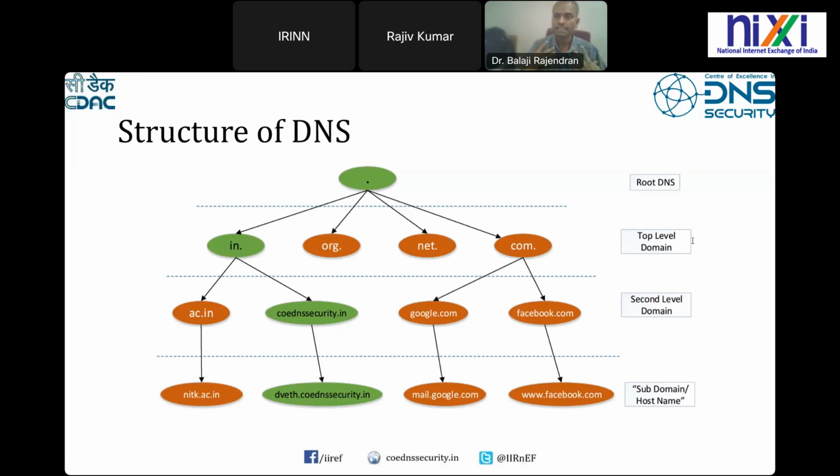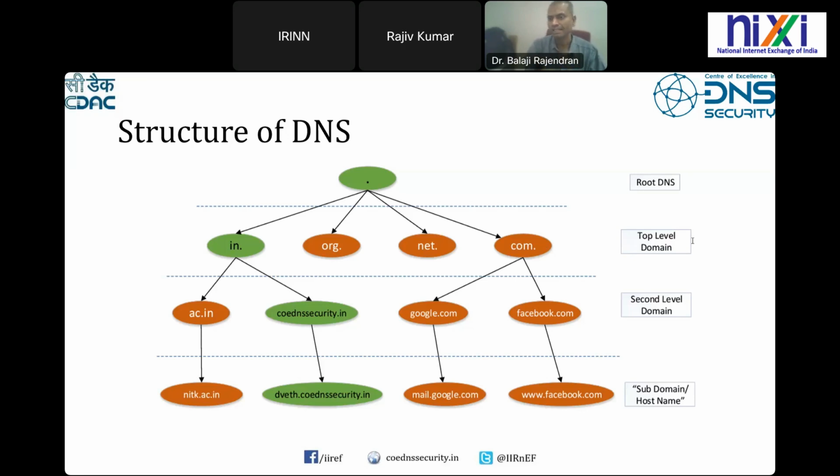So indirectly, we are under the hierarchy of root, but we are the managers of our own namespaces. For example, for .org, there is a separate operator who will be responsible for that. .com is also separately managed. Similarly, for every namespace, there is a separate owner, and they will take care of the particular management process.